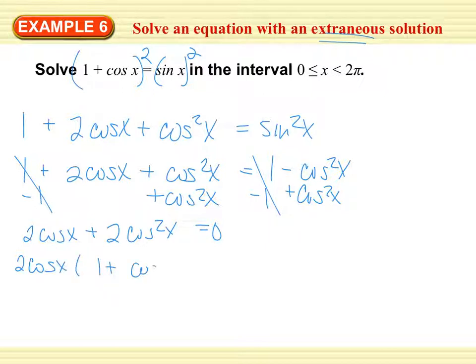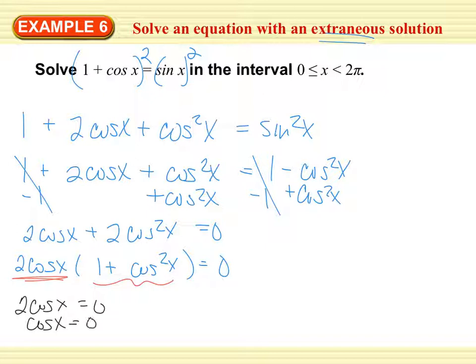1 plus cosine squared x. That changes. Oh, so I've got my two zeros. I can set this equal to 0 and that equal to 0. So I get 2 cosine x equals 0.